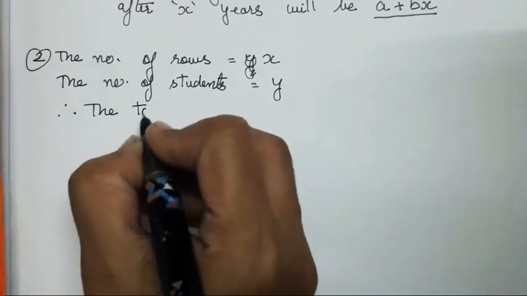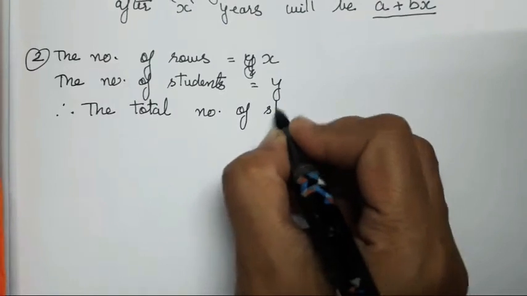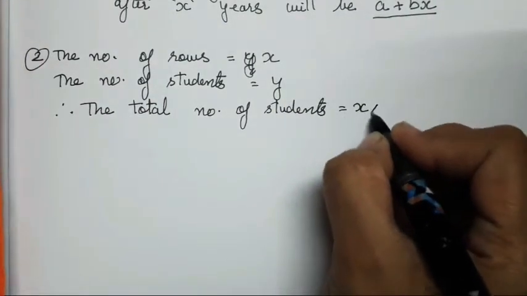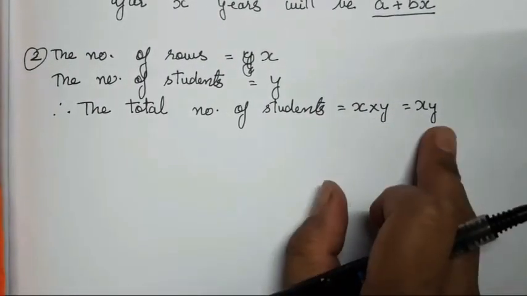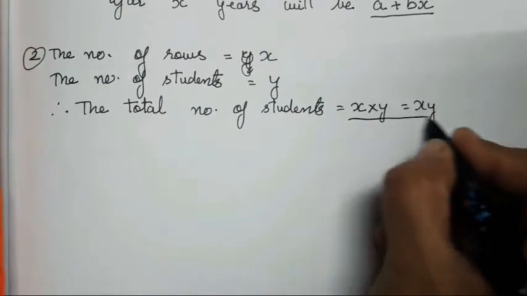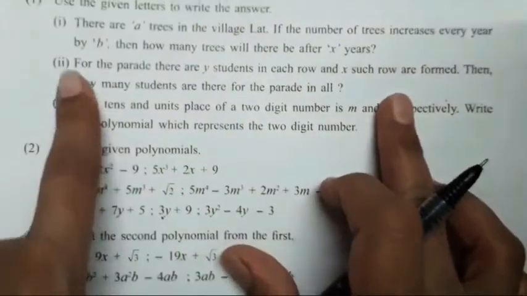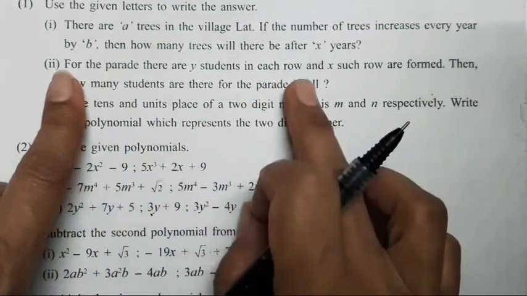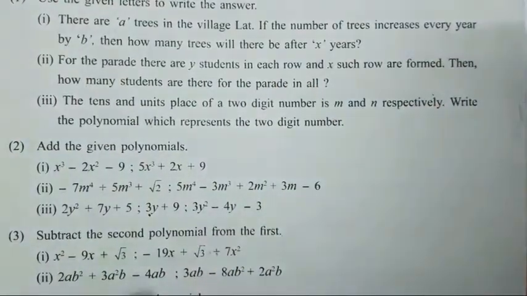We have to find the total number of students, which is going to be X into Y, which will be XY. Okay, so you all can write it in this form also. So this is your answer. That's it, isn't it? The only problem is the sentence that they have given here is quite different to read. It tends to be confusing, but it is okay. You all can read it and understand it properly again and again.